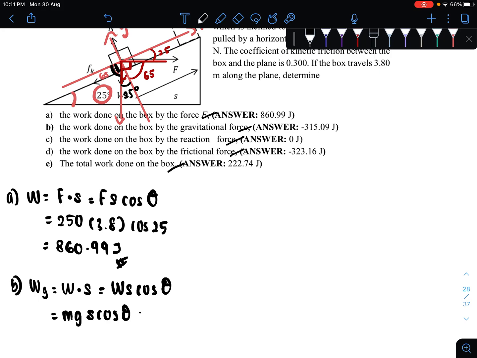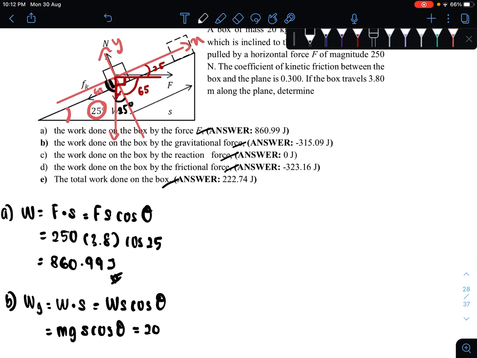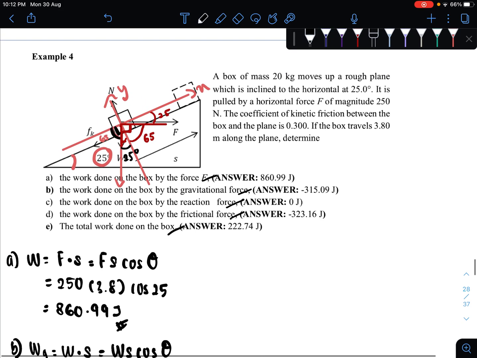So mg S cos theta. My m here, the mass of the object, is 20. Multiply with 9.81, the gravitational acceleration here. Then the displacement is 3.8, and then cos the angle between W and also S. So this is your W here. This is my W here.